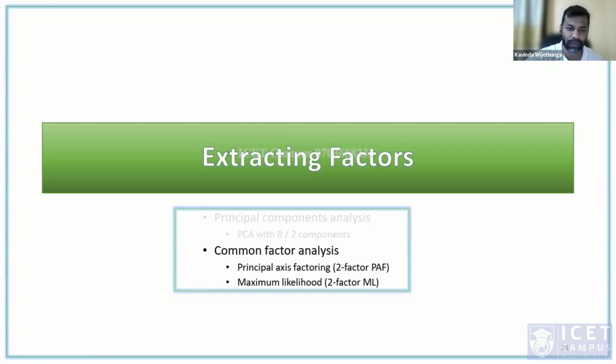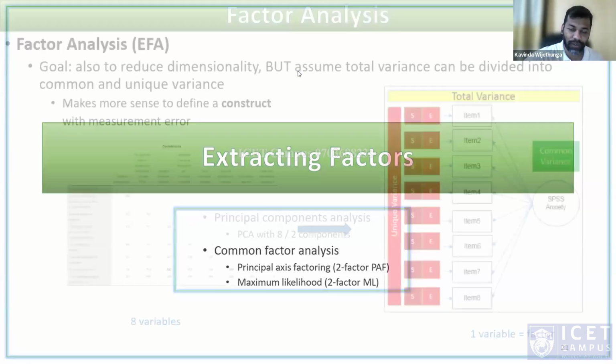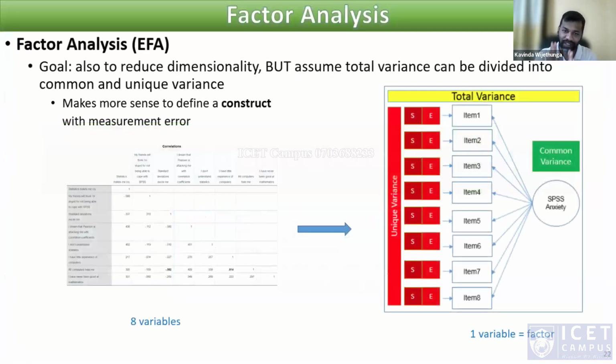Let's see how to do that. Right. So factor analysis. The goal is that you have to know this is exploratory factor analysis. I'm telling you again that this is exploratory factor analysis. If someone needs confirmatory factor analysis, you have to go for another software because that is not available in SPSS.